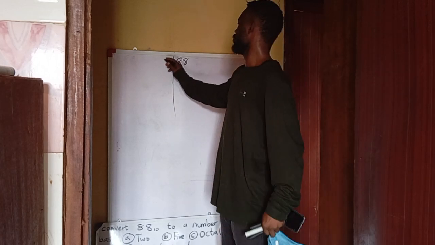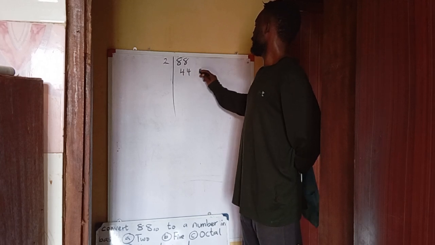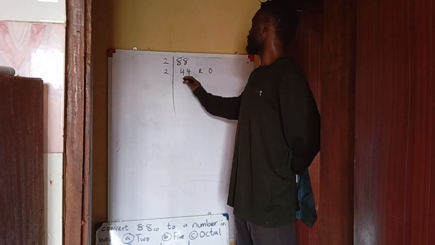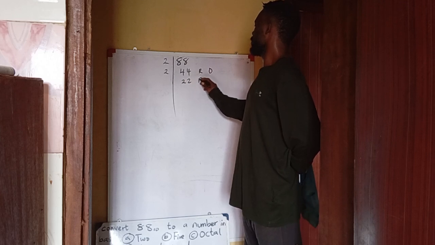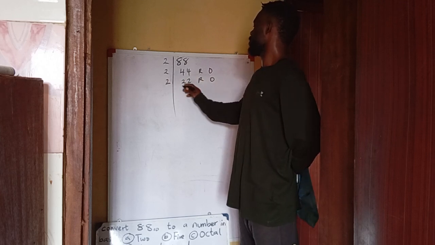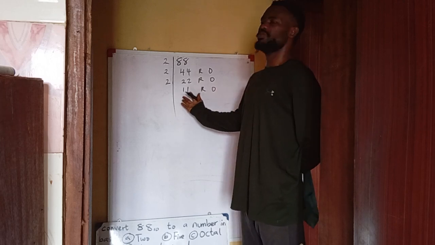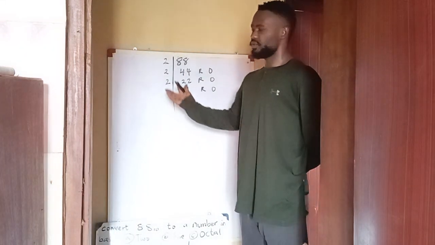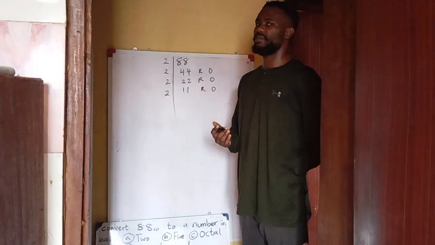So I'll say 2 into 88, I'll get 44, remainder 0. 2 into 44, I will get 22, remainder 0. 2 into 22, I will get 11, remainder 0. We could say let's divide this by 11, but let's progress with this pattern, so I have 2 into 11, that is 11 divided by 2.